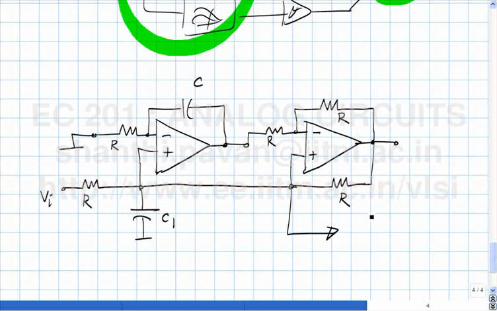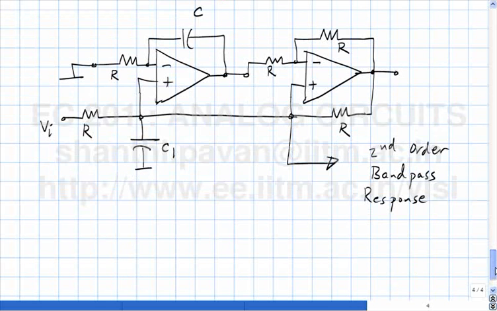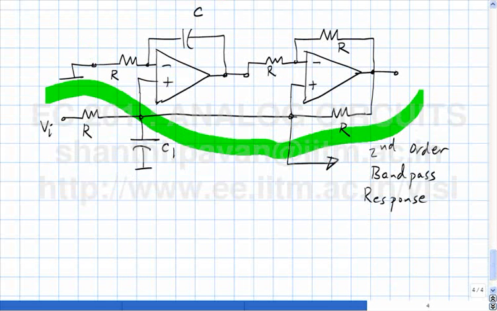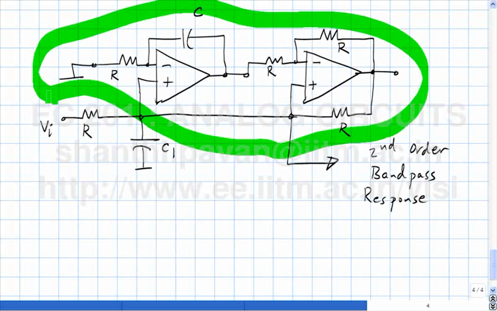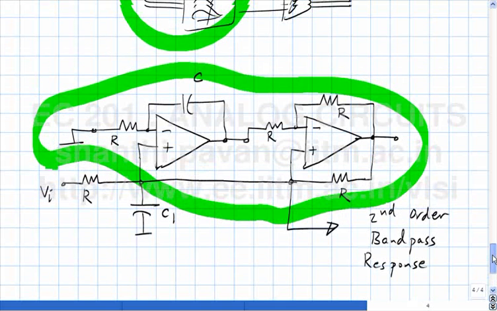It will give me a second order band pass response, simply because all that I have done is replace the inductor by what is called a simulated inductor or an active inductor.